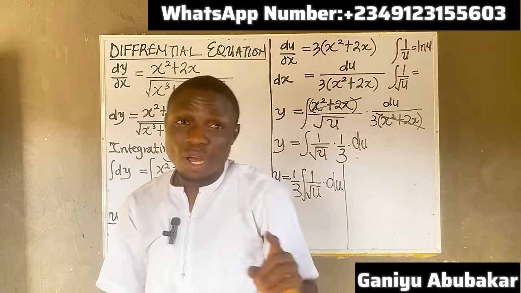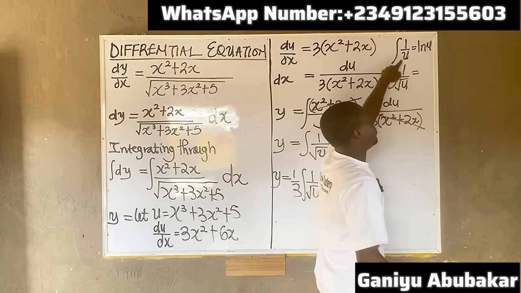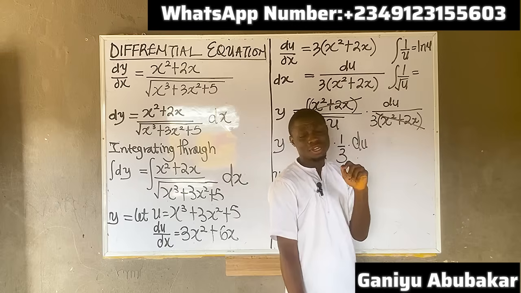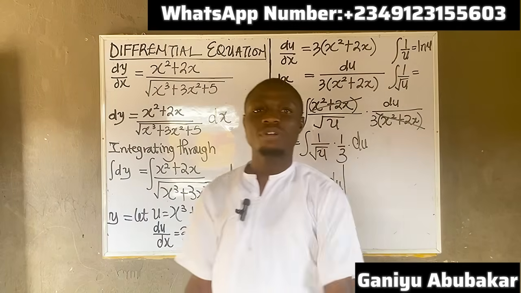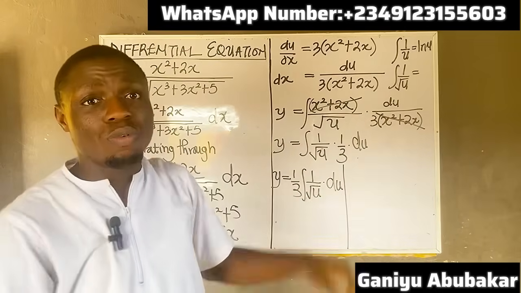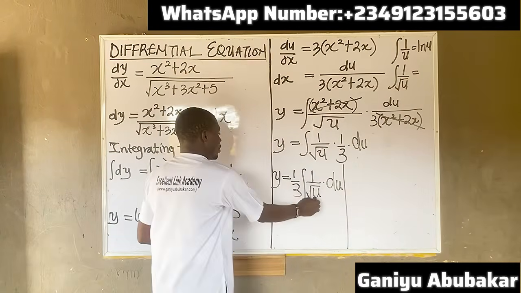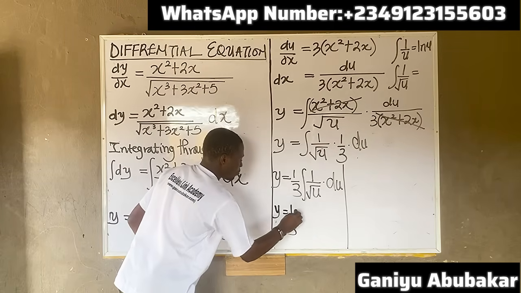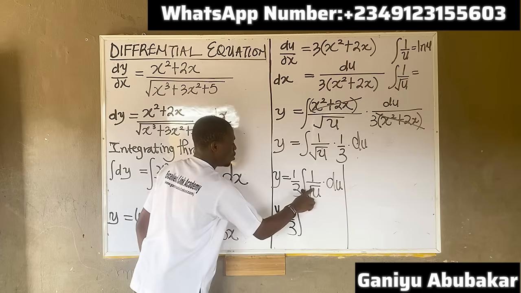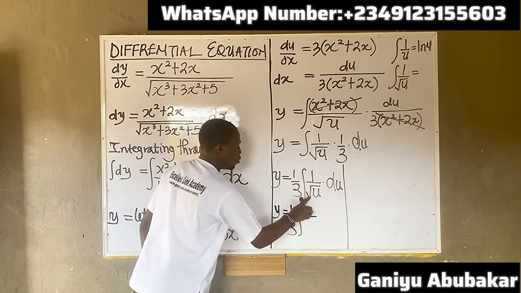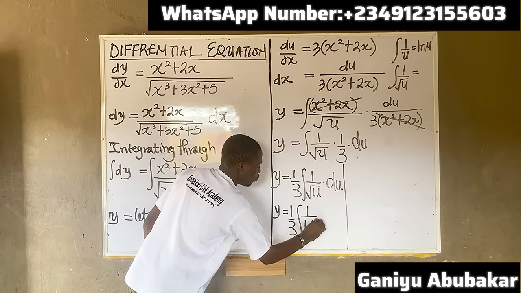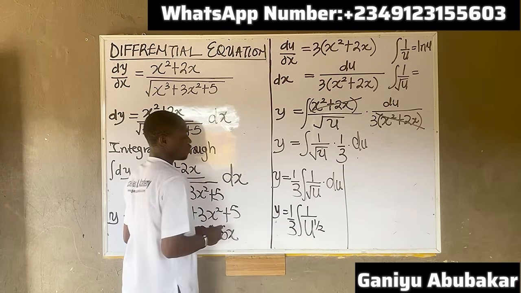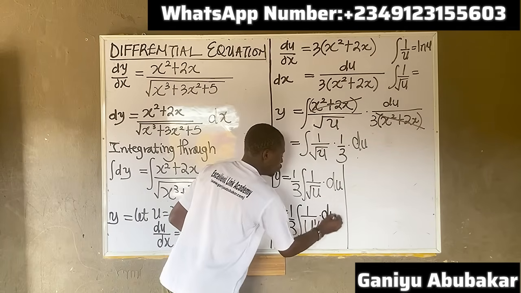So hence now, you're going to apply a different concept here. The method will change here now. What do you do in this case? Now, here's the idea, please. y is equal to 1/3 integral of 1 over root u, which is u to the power 1/2, the power half meaning root, dot du.